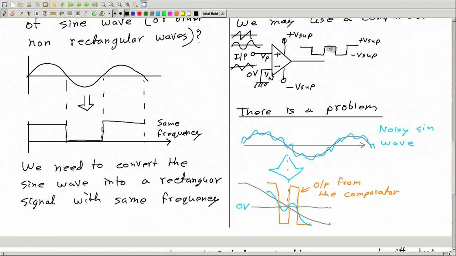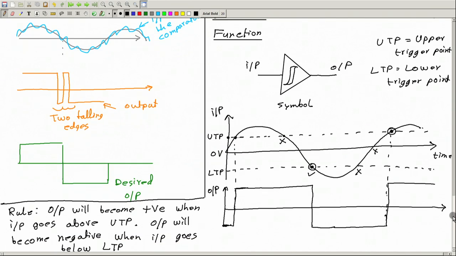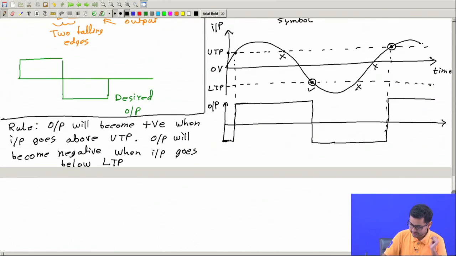So this compares the input with only one voltage level, which is 0 volt. This one compares the input with two voltage levels, upper trigger point and lower trigger point, depending on the current value of output.